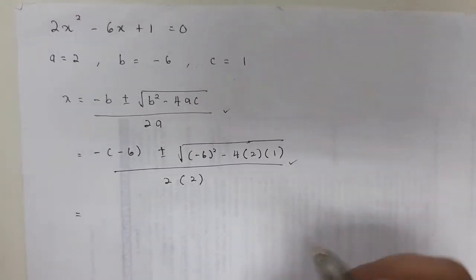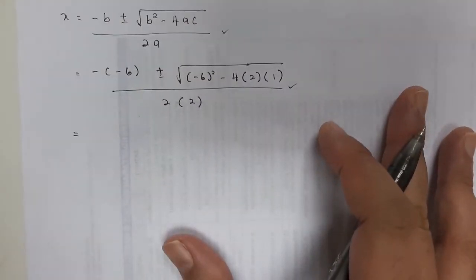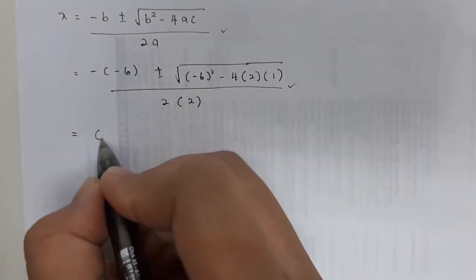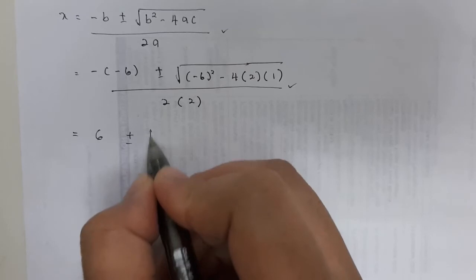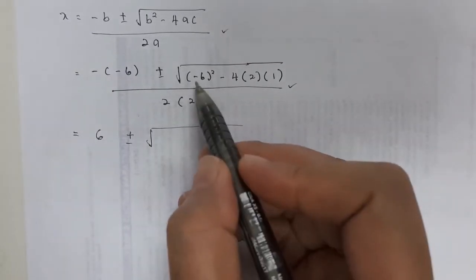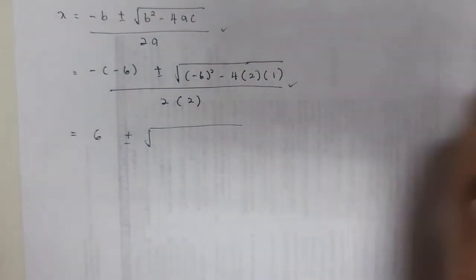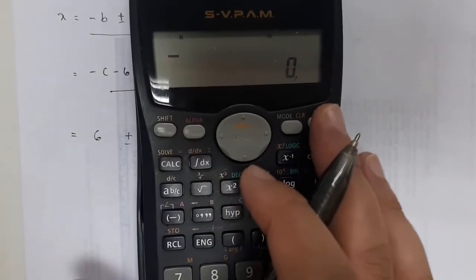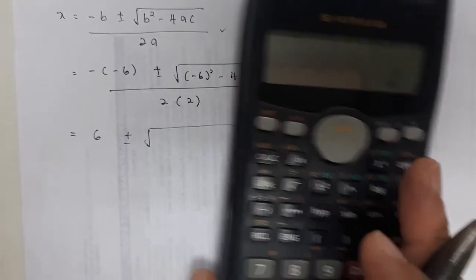Okay, we have substituted all the values. Now let's try to simplify. Negative 6 plus minus square root negative 6 square. Okay, ingat tadi saya beritahu kuasa 2 mesti nilainya positif.